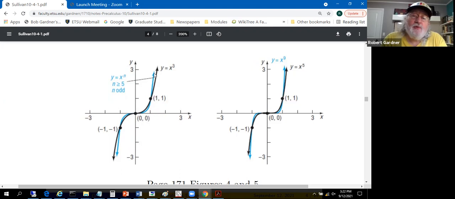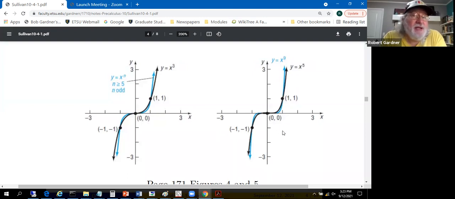The blue curve is further from the x-axis than is the black curve, and that holds over here as well, even though we're below the x-axis. I choose my words carefully over here. Below the x-axis, we've got the same kind of behavior in terms of closeness to the x-axis. And here we're looking at x to the 5th versus x to the 9th, and same behavior. So we'll say something like that closeness holds.